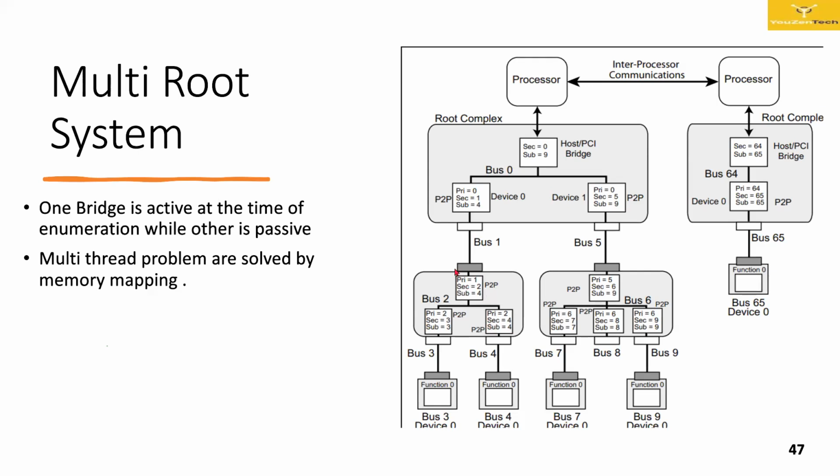This is also device 0, function 1, bus 1, function 0. Because this is also a device, right? So this is device 0, function 0, but no, sorry, this will be device 0, I guess.